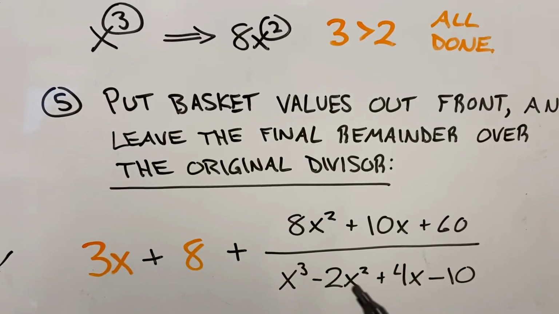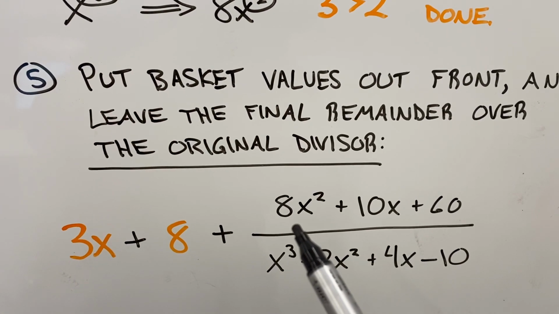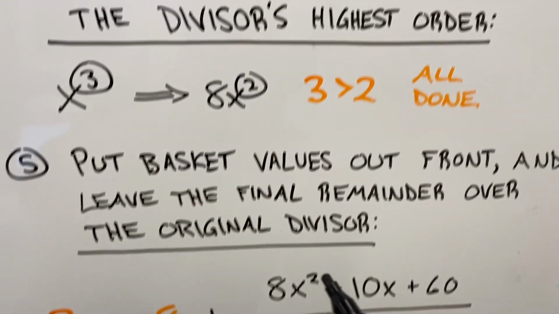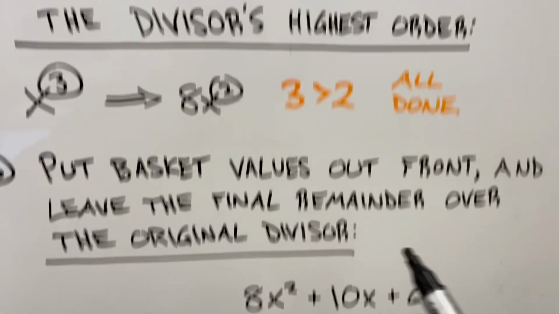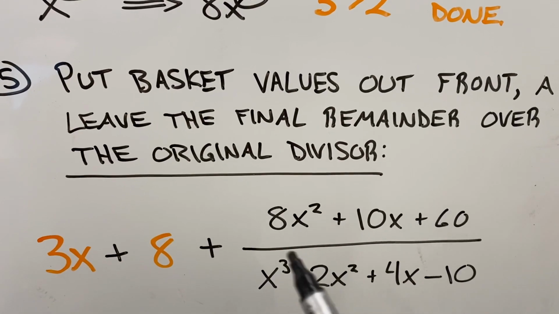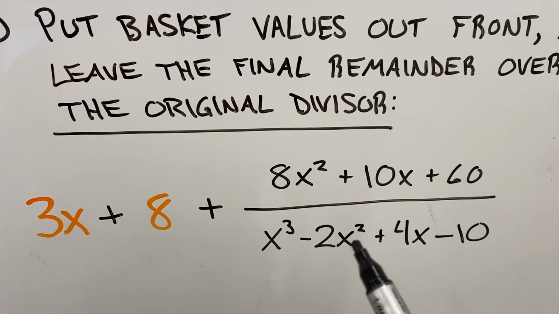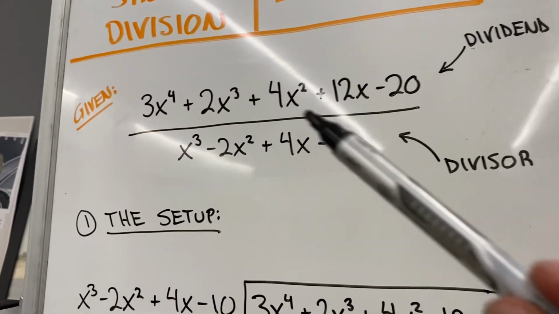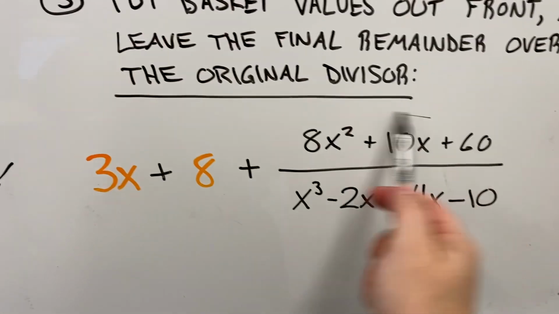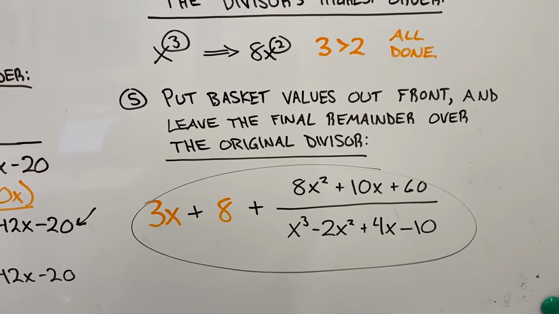So we're going to pull them out, put them to the side, 3x plus 8, and then we are going to leave the final remainder, which was this guy, 8, 10, 60, over the original divisor, x cubed minus 2x squared plus 4x minus 10, which is what we started with in our given. Final answer right there. And that's synthetic division of polynomials, BRNY style.